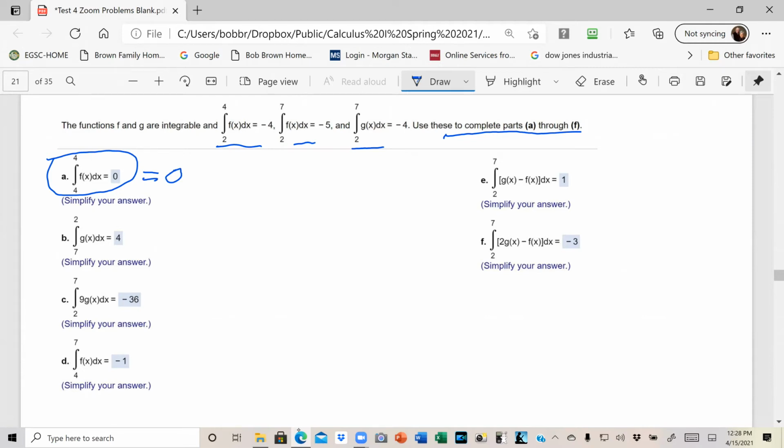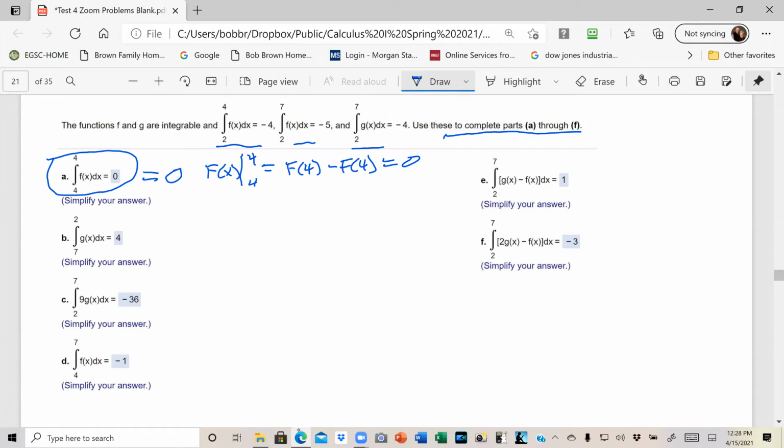And you can actually prove that by saying the antiderivative of little f of x is capital F of x, and evaluate that at 4, capital F of 4 minus capital F of 4 is 0. But it just stands to reason that if you have an interval that's 0, the area under the curve is going to be 0.